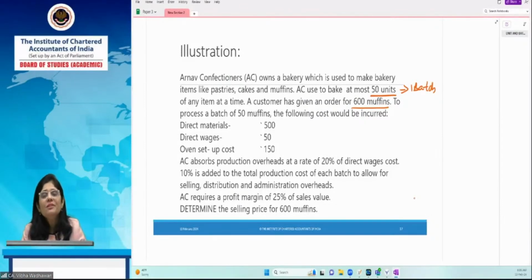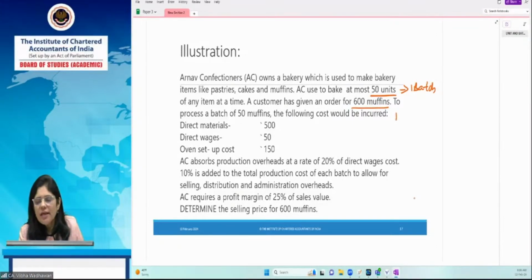So how many batches do we have to run? We have got an order for 600 muffins and the company can produce in one lot, in one batch, 50 muffins. So 50 units make one batch. And we want 600 muffins. So how many batches would we require? 600 divided by 50.